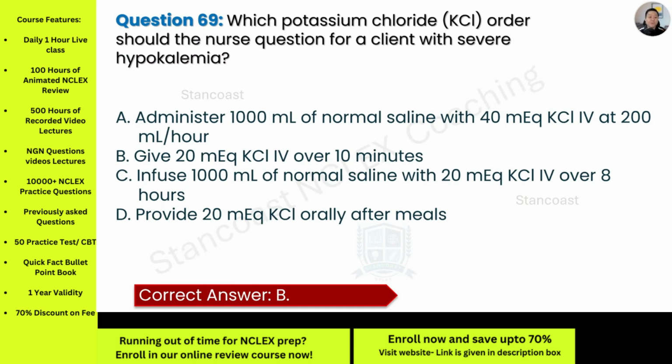It should not be greater than 10 milliequivalents per hour for peripheral IVs, or should not be greater than 20 milliequivalents per hour if administered via central line with cardiac monitoring. Anything faster than those rates will be unsafe for your patient.